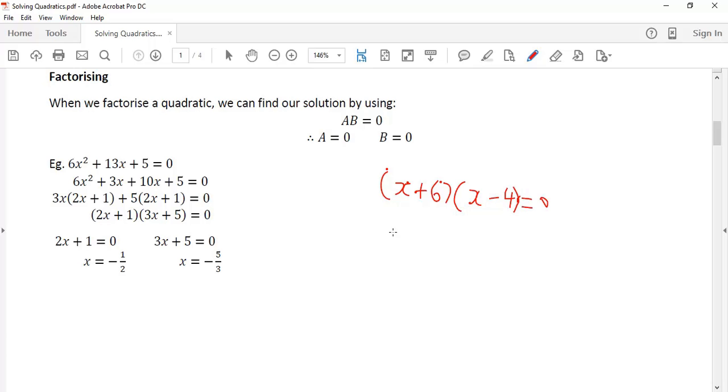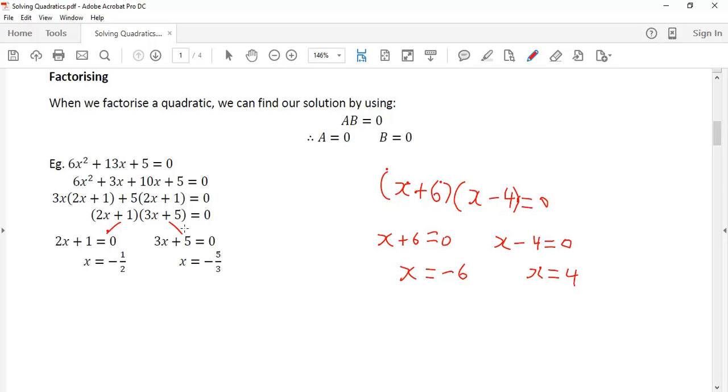We can split that up to x plus 6 equals 0 and x minus 4 equals 0. So then this gives us two solutions, x equals -6 and x equals 4. So on this example I've given you here, it's pretty much all normal factorizing, and then it gets to the end where you have to split it up into two separate bits, and then you solve it separately to find the x-intercepts.